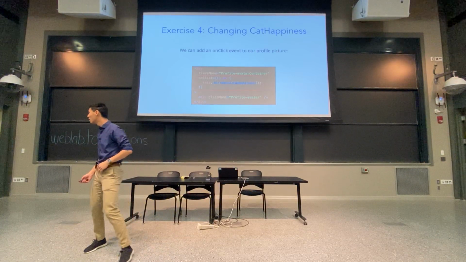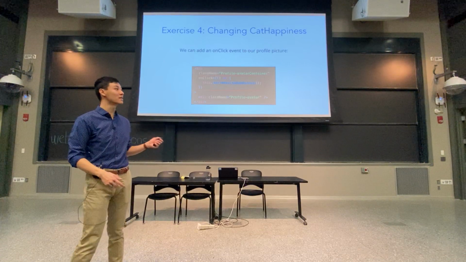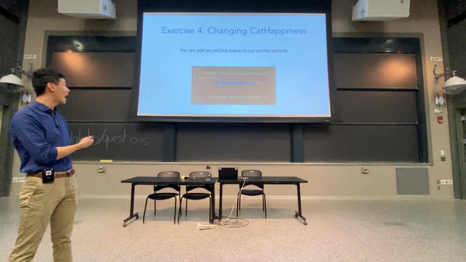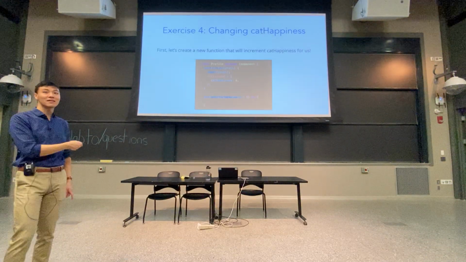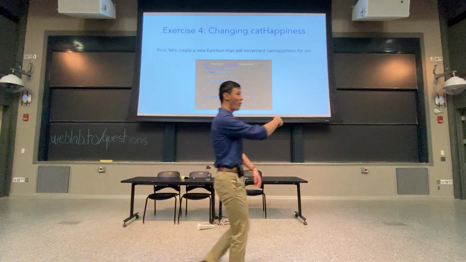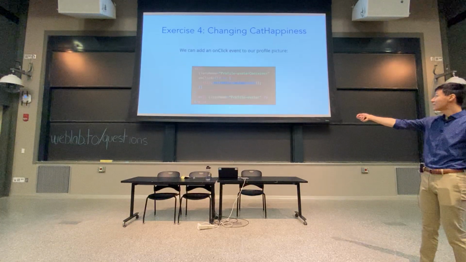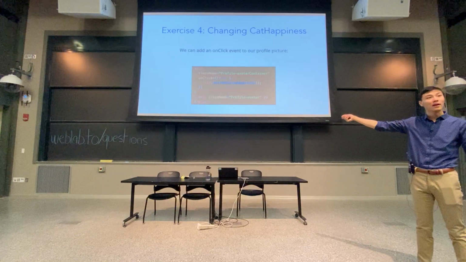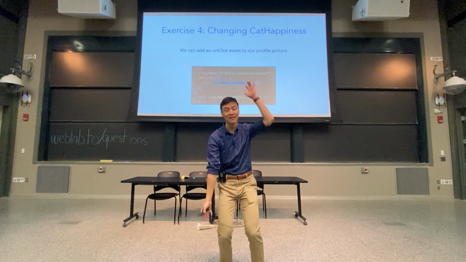Why did we not use let or const in incrementCatHappiness? Great question. That's over here. Because this is a class method. So it's part of the class. When we do this dot incrementCatHappiness, that's referring to the fact that incrementCatHappiness is part of this class.